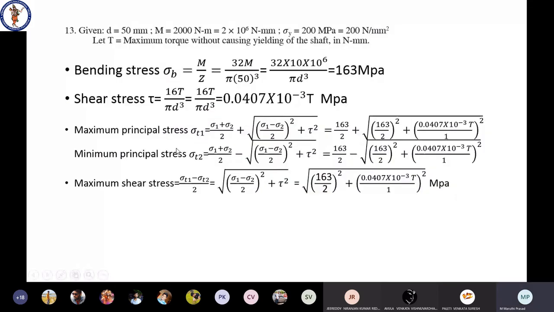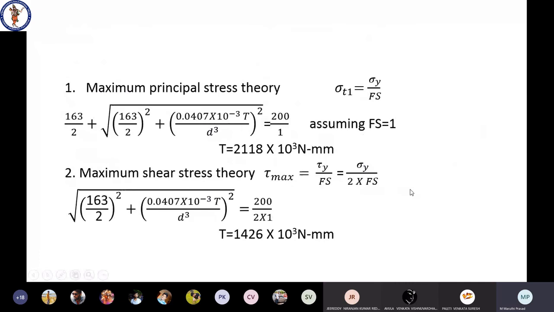So this is stage number 1. This is stage number 2. Then the third stage is they ask you to calculate torque as per maximum principal stress theory. So sigma T1 equals sigma Y by Fs.